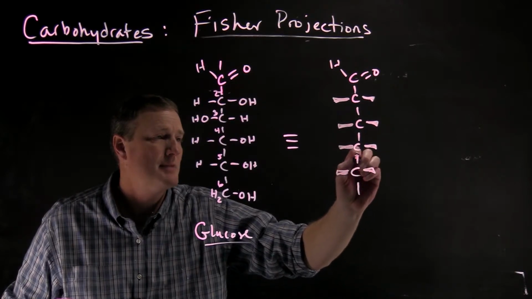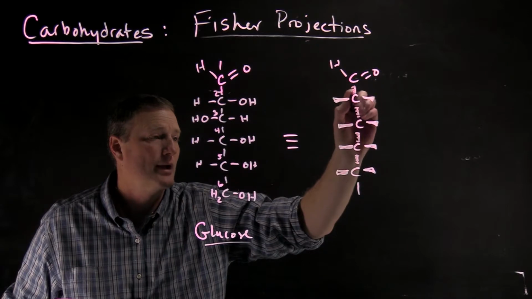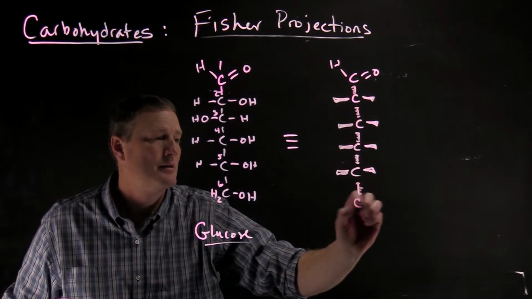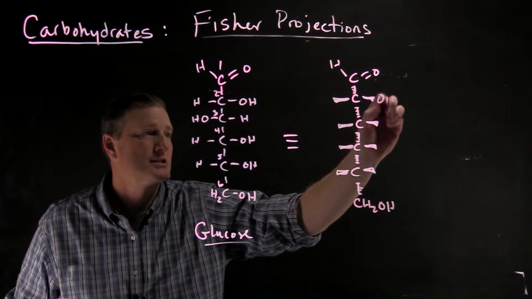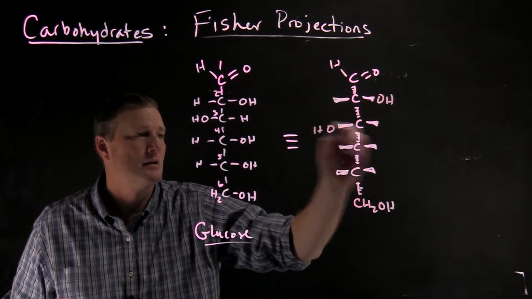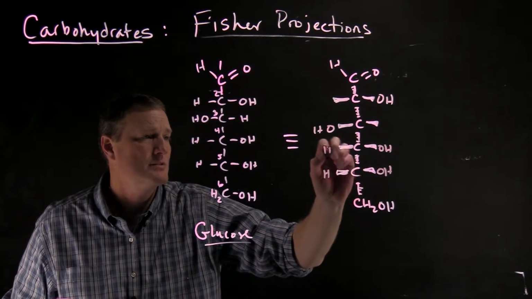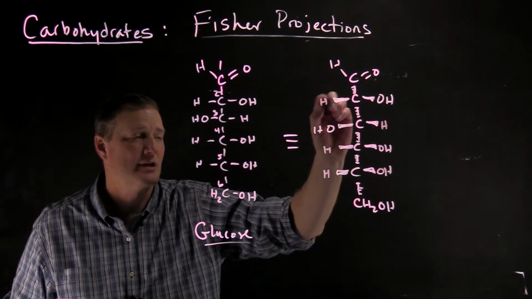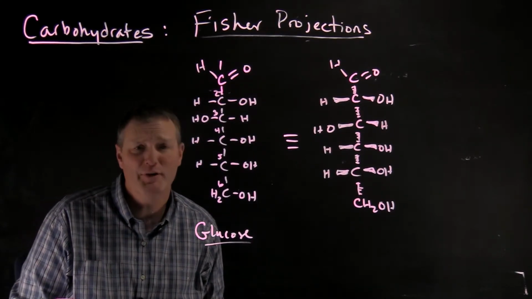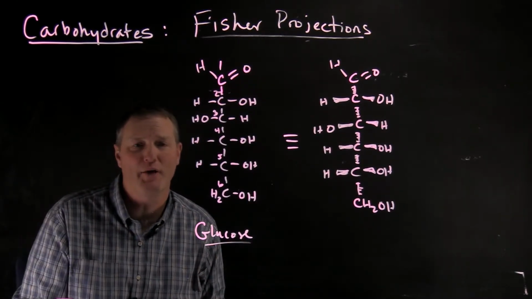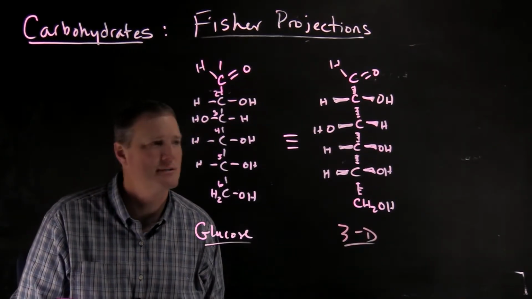And then technically I need to make each of these a dashed line going back this way. Okay, now if I fill in my OHs, this would be a more true representation of the three-dimensional structure of glucose. However, you can see that took me quite a while to draw that out. This would be the three-dimensional representation of glucose.